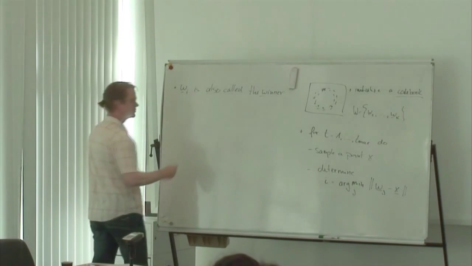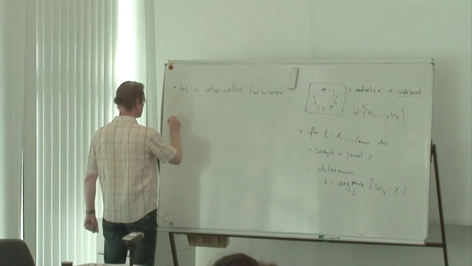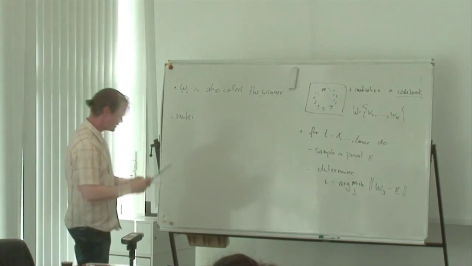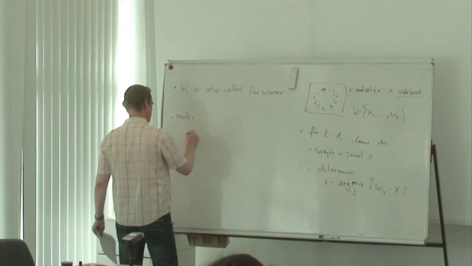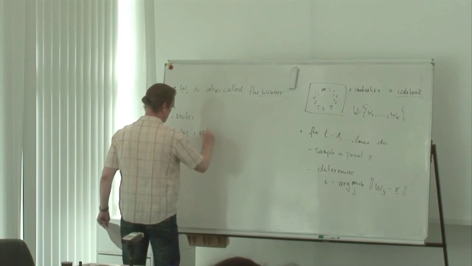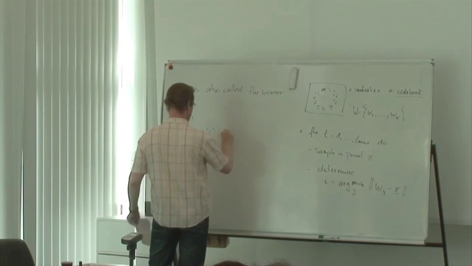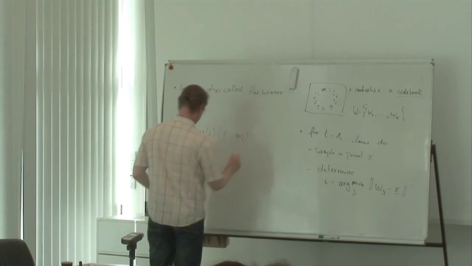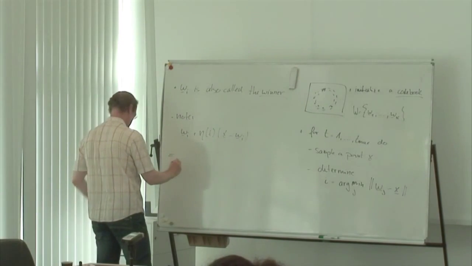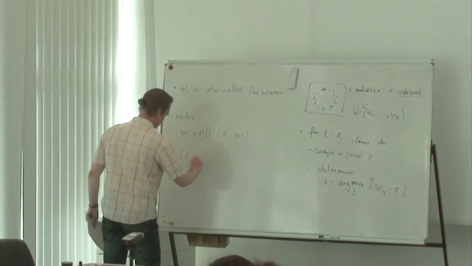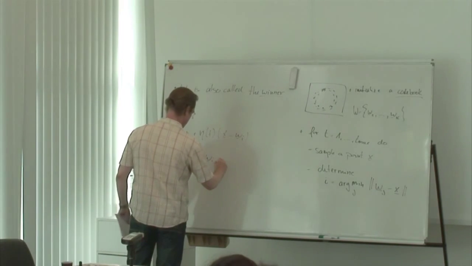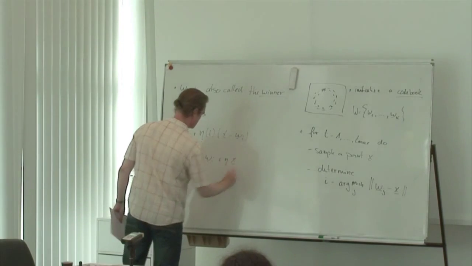And I just want to note that if we look at this update, so w_i plus eta of t times x minus w_i, we can write this as 1 minus eta, I'm dropping the dependency on t, w_i plus eta x.